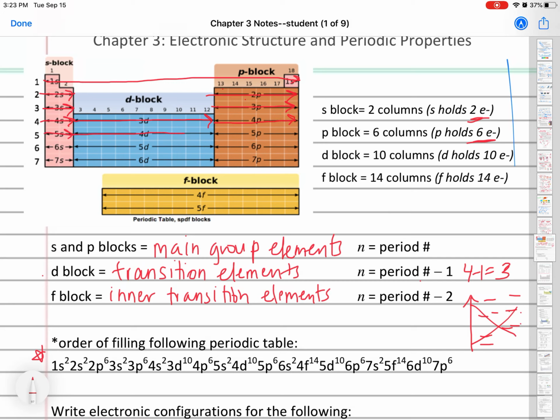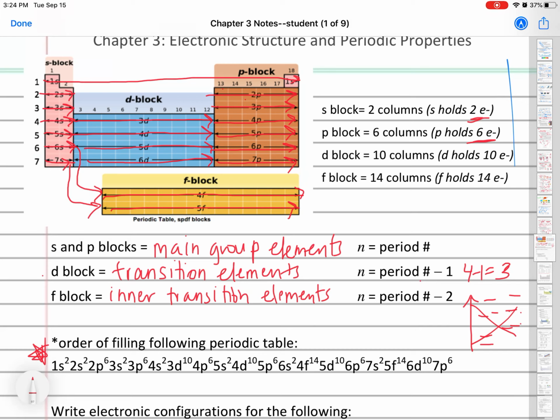After 4p comes 5s, then 4d, then 5p, and then 6s, and then it's weird and it goes down here to 4f, and then it comes back up here to 5d and 6p, and then lastly 7s down to 5f, back up here to 6d, and then 7p.